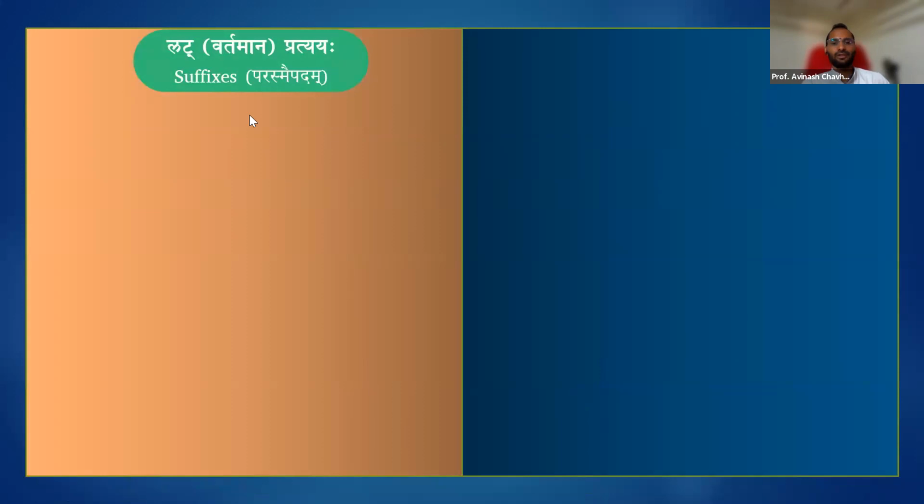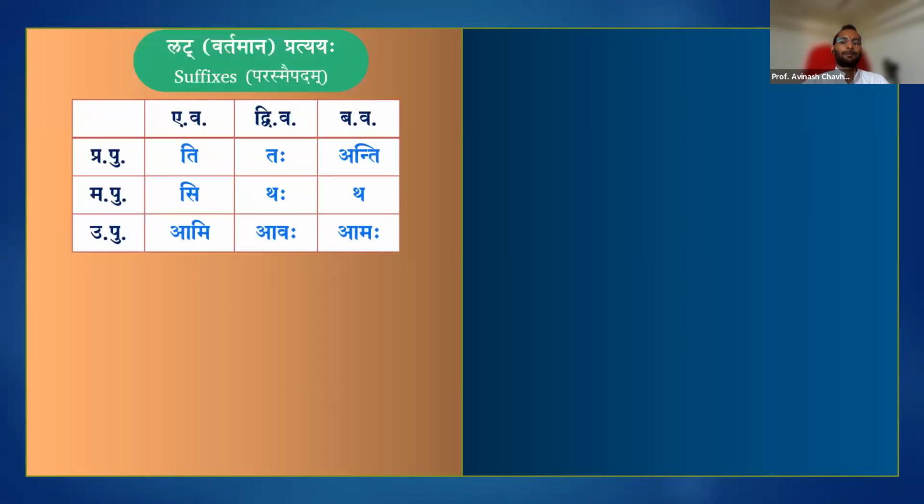Kriya pada you will find in vartamana kala, present tense, past tense and future tense. Now let's begin with vartamana kala. Here in Sanskrit grammar, you will recognize dhatu based on these pratyayas.